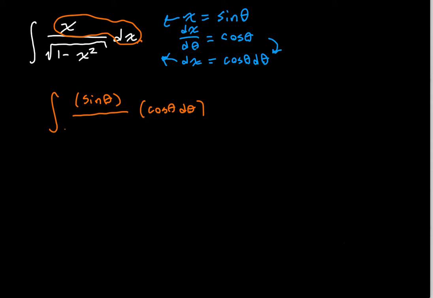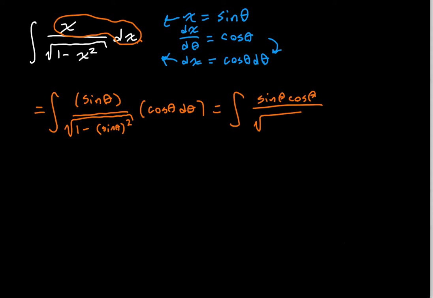Then we're dividing by the square root of 1 minus x squared, that's going to be sine theta squared. Let's simplify this a little bit. We're going to have the indefinite integral of sine theta cosine theta over the square root of 1 minus sine squared theta d theta. And what's this down here?